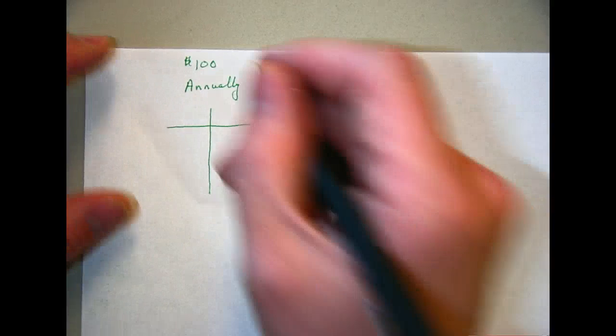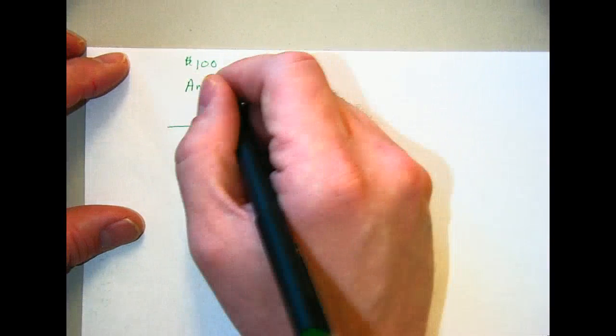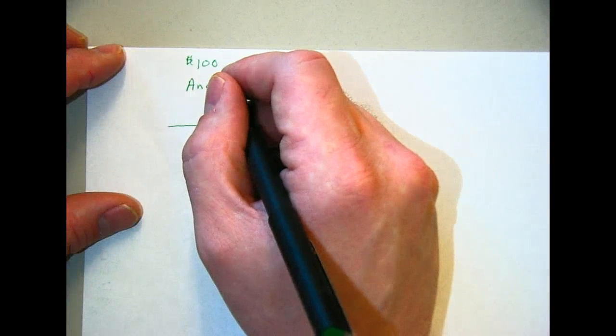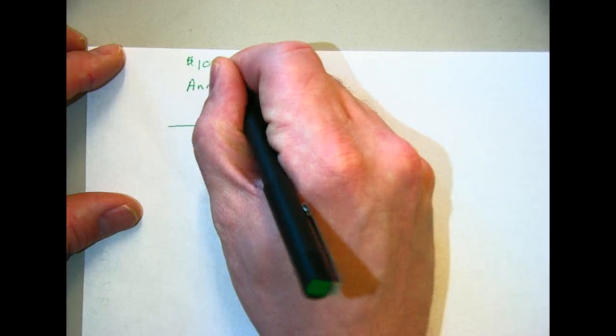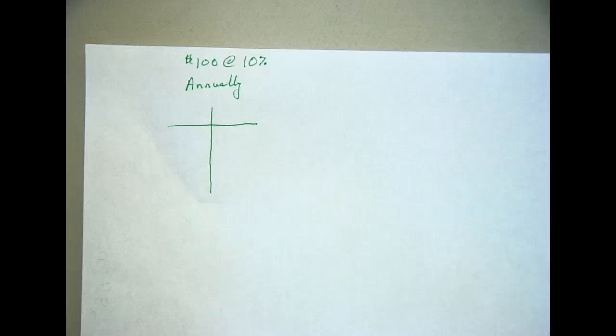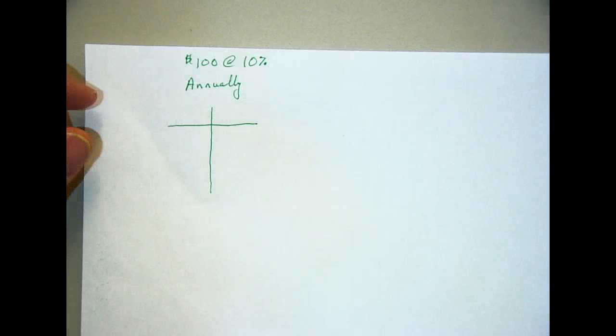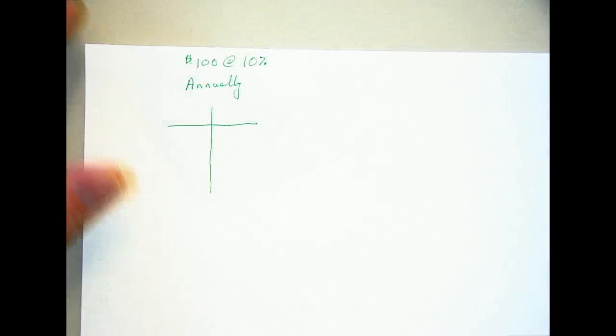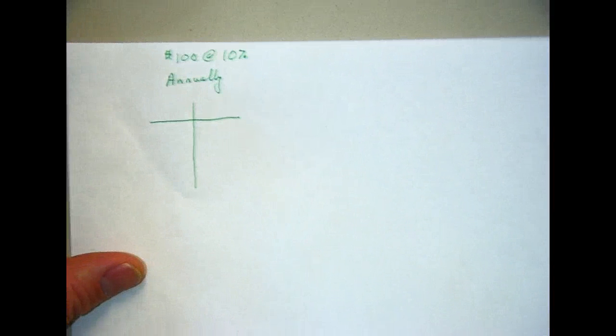But I'm going to use 10%. That would be a great rate. Seriously. $100 at 10% annually. That, once again, is not realistic. You're more around 2-3%. But just so I can use 10% to make it a little easier, it'll help with the problem.